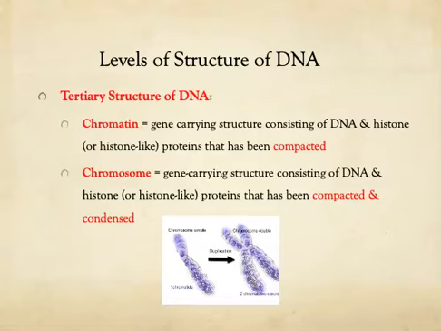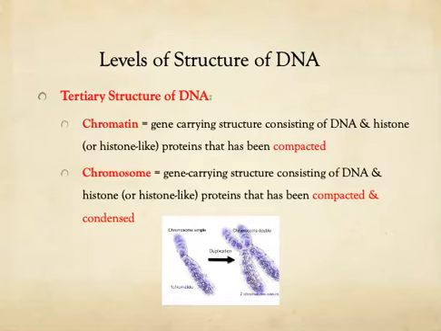And that is when the cell is preparing to divide. Most of the time, the DNA molecule exists as chromatin. So all chromatin is this DNA molecule, this double helix, associated with what are called histone proteins.